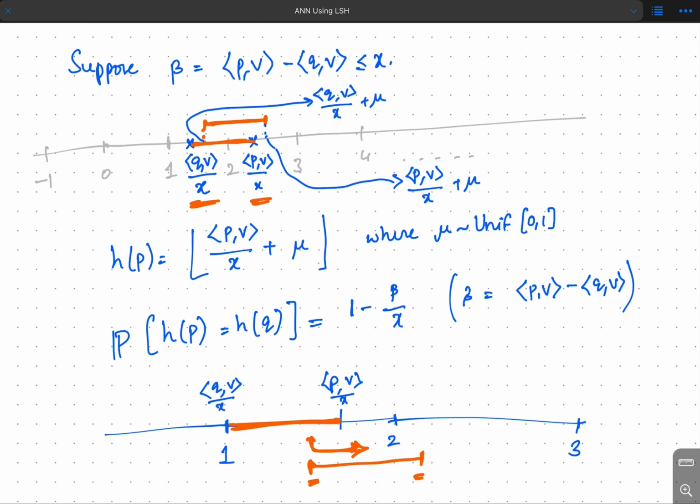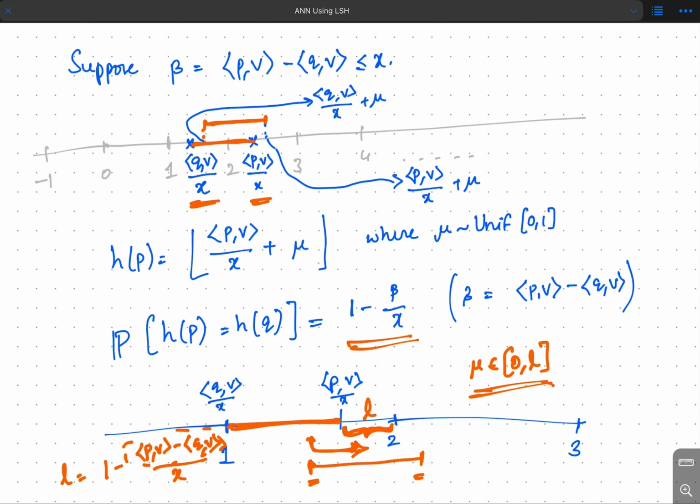That happens only when mu lies in this range. Let's say this length is L, then mu should lie between 0 and L. That is when the needle lies between 1 and 2, and that length L can be seen to be 1 minus (p v minus q v) by x, and p v minus q v was defined to be beta. Okay, so that's how we get this.